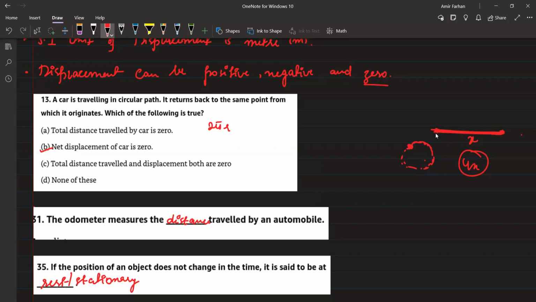But if you have started from this point and again you are at this point, it doesn't matter how many trips you have made, displacement will be zero. The shortest path between the final and initial point is zero. Clear?